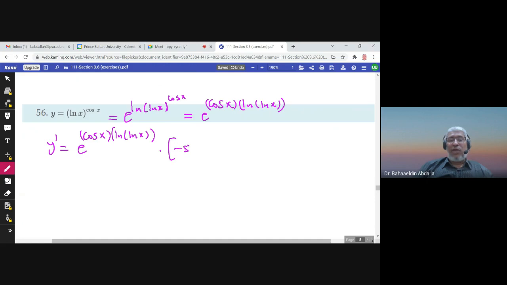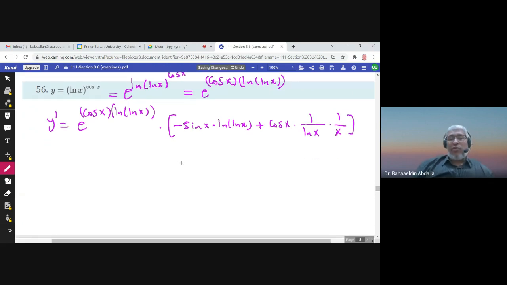Derivative of cosine is negative sine x times ln ln x, plus cosine x times the derivative of this, which is 1 over ln x, times the derivative of ln x, which is 1 over x. Outer function, then the derivative of the inner function.